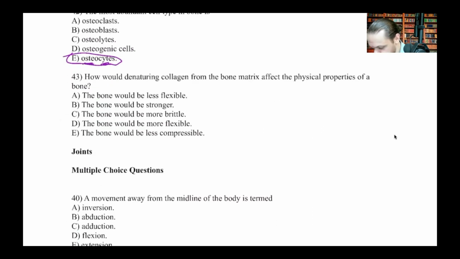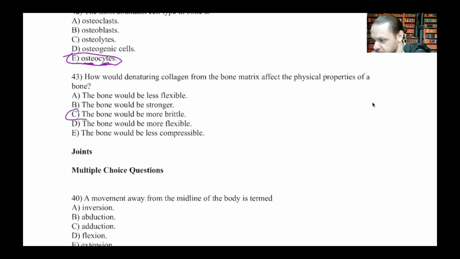And number 43, it's the last one here. Let's see, we got John, would you like to go? Sure. How would denaturing collagen from the bone matrix affect the physical properties of a bone? It would be more brittle. Yeah.